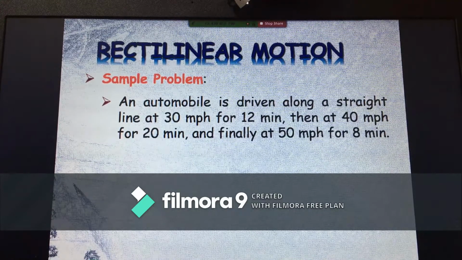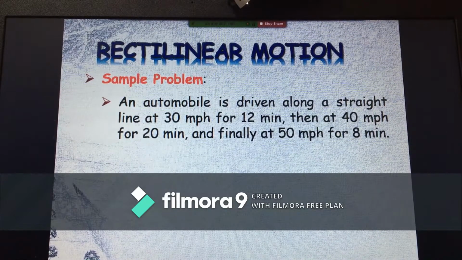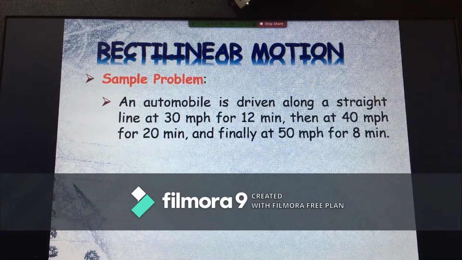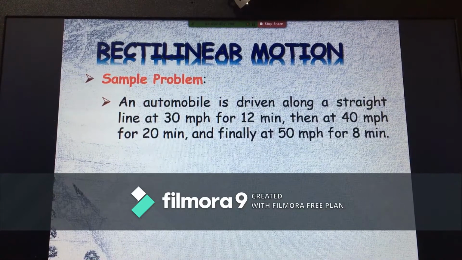So what is the 30 miles per hour, class? Is that the initial or final velocity, or a constant velocity? Constant velocity, sir. Alright, so we have the constant velocity of 30 miles per hour for 12 minutes.